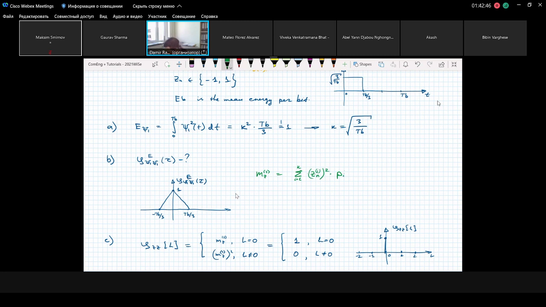And if you plug in what we know about our sequence, we have only two values. We have -1 squared times probability 1/2, for the first element in the alphabet, plus 1 squared times 1 over 2. For the first part, we have 1/2, for the second part, we also have 1/2. And if you calculate the sum of two parts, it gives you 1.